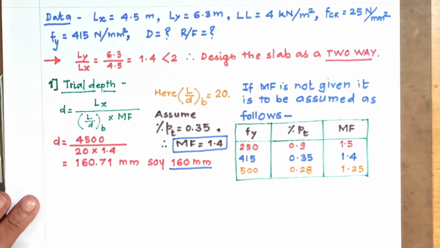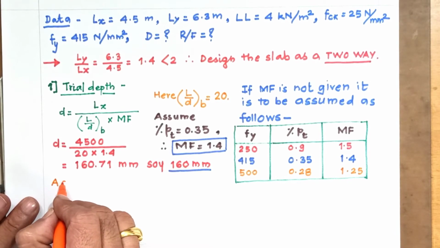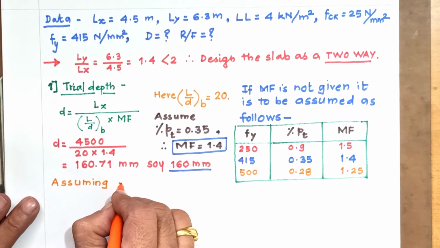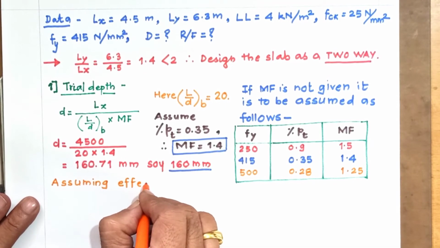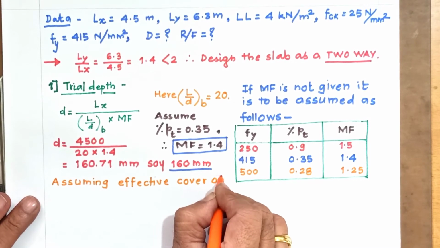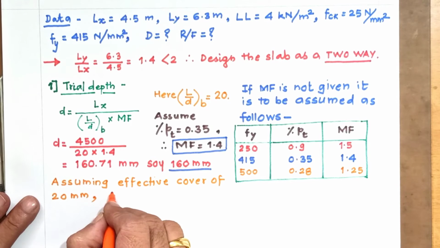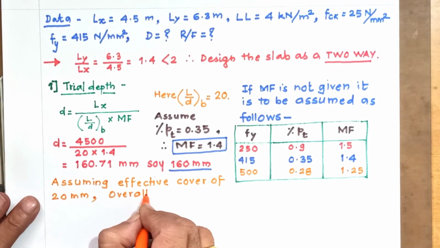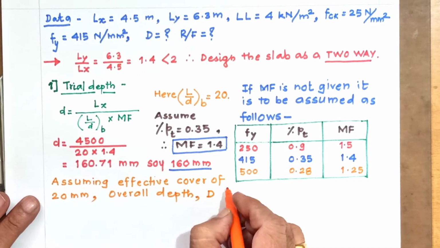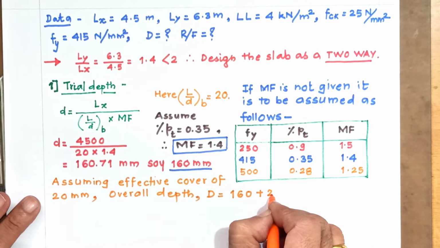So I will say that assuming effective cover of 20 mm, overall depth capital D is equal to effective depth 160 plus effective cover 20.